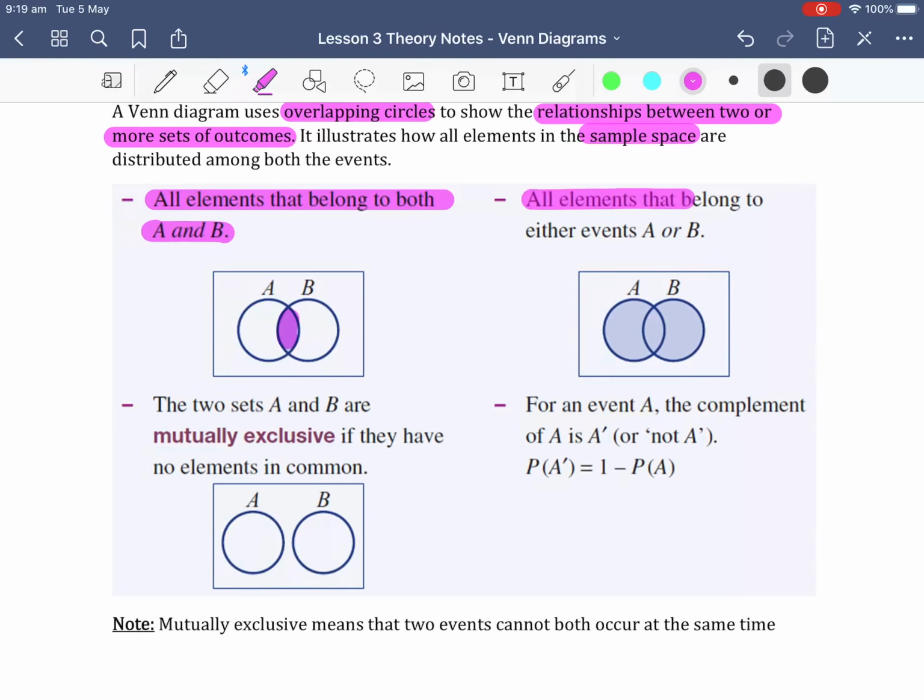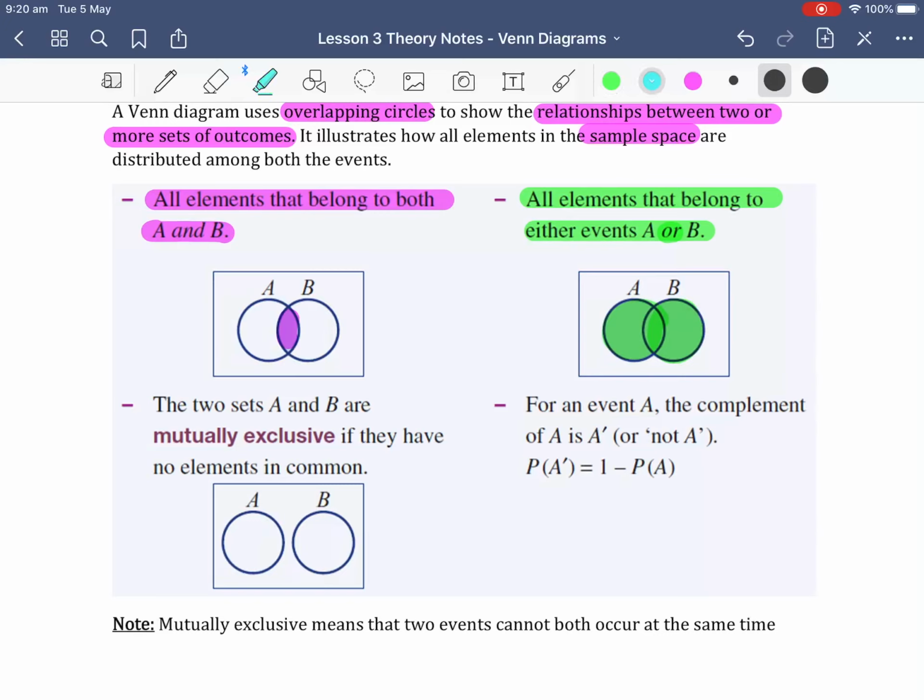Then all elements that belong to either events A or B. It's really important to note this "or" here means that it can be in both events. So it's all of this bit here. When you see "or", it's all of it. When you see "and", it's just that little bit in between.